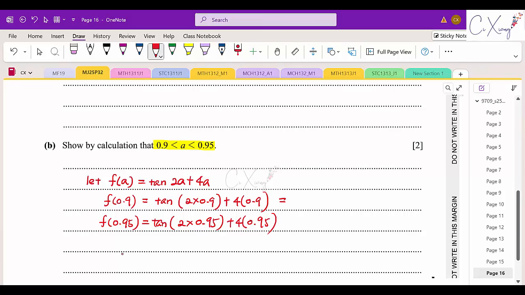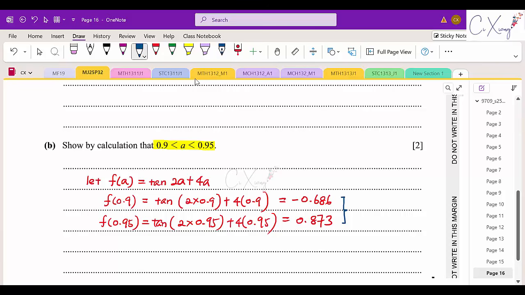Then you just need to press calculator a little bit to help you. By right, this answer should be negative 0.686. Then the second value should be 0.873. When we want to prove this, basically you need to know that the value is not important. What I want to look at is the sign. I must have one positive sign and one negative sign in my answer.